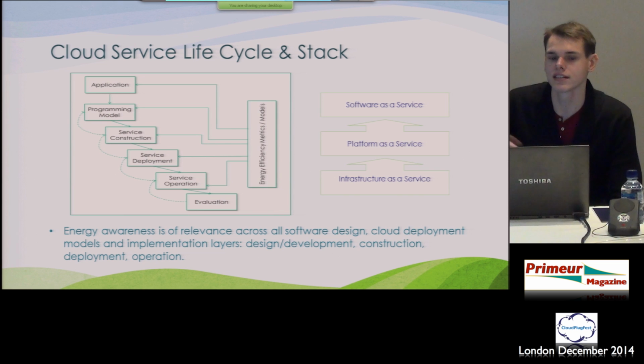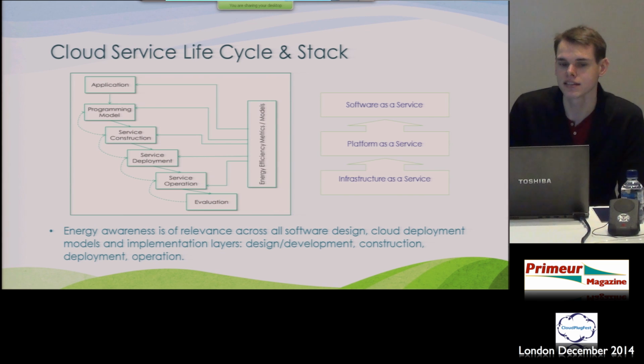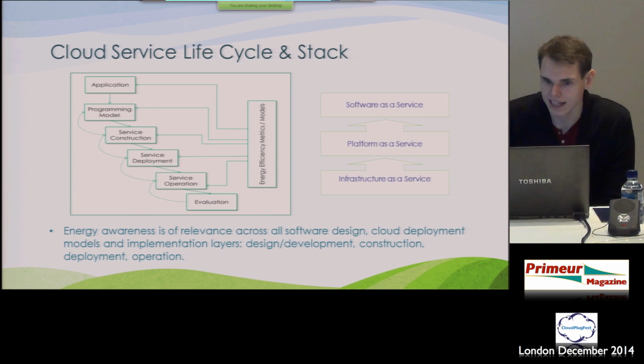To bring this into the context of the ASCETiC project, we're trying to tackle this energy problem across all layers of the cloud stack. So we're interested in trying to optimize the energy consumption of infrastructure, platforms and software that are deployed on cloud computing platforms, and not specifically limited to one lifecycle element.